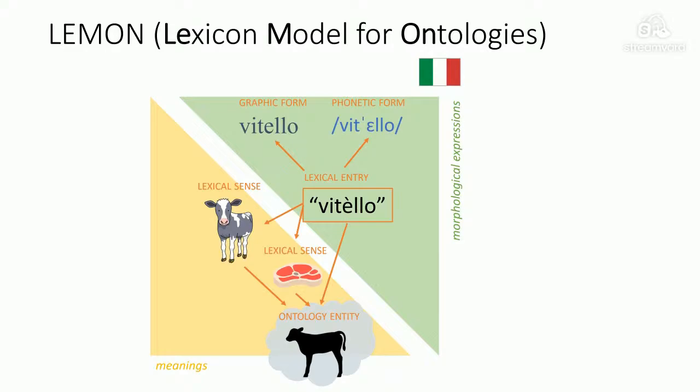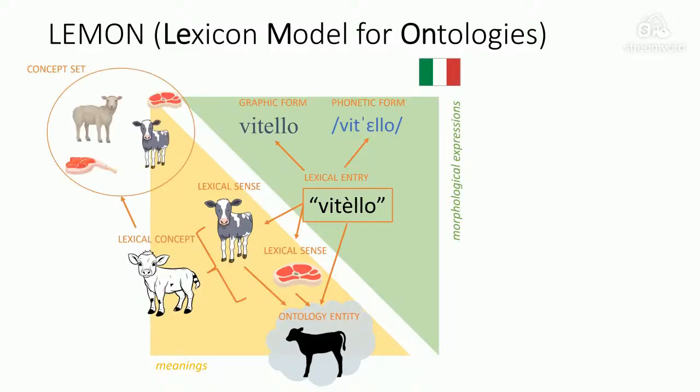Also, as for the Italian word, we can say that both these senses, the animal and the meat, are covered by an overarching lexical concept. And that's why we have a single lexical entry in the dictionary instead of 2. In turn, this lexical concept can be made part of a larger set of lexical concepts sharing a common domain, like for instance, different types of young animals and their meat.